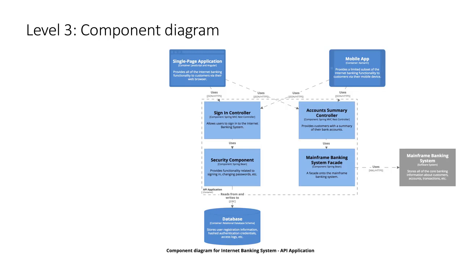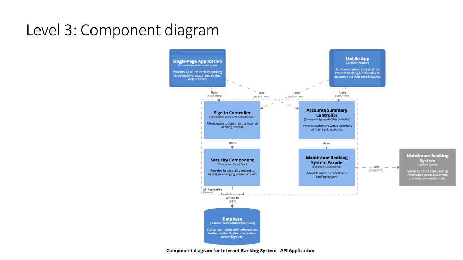So we can see inside the API application we have, for instance, a sign-in controller or an account summary controller, and we can see that we are using an MVC REST controller, so Spring technology in this case. We also have a description, like for the sign-in controller, allows users to sign in to the internet banking system. And again, we can see some details of how those different components interact with each other.